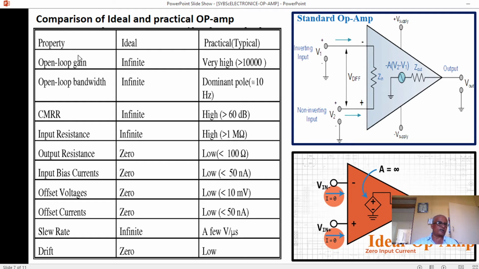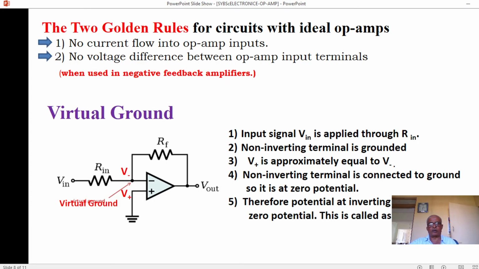Similarly, the output resistance is 0 for the ideal case, so in this symbol the output resistance is not shown, only the connection, while in the practical case the output resistance is low. Here Z out is the resistance shown in series with the output terminal of the standard, that is practical, op-amp. So this is all about the characteristics.